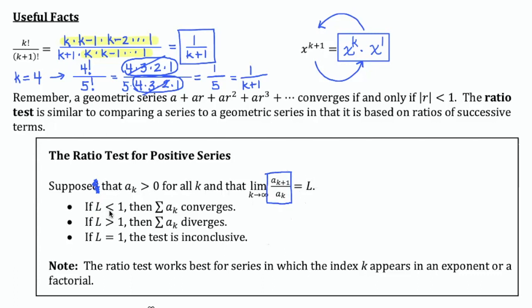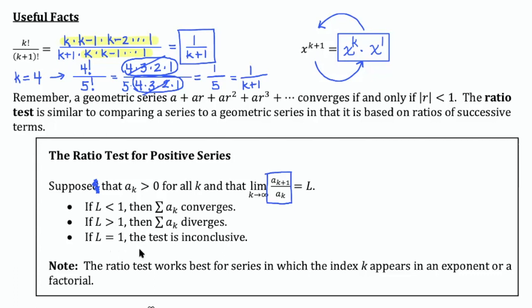If L is less than 1, the series converges. If L is bigger than 1, the series diverges. If L equals exactly 1, then this test is inconclusive, meaning we don't know if the series diverges or converges based on this test.